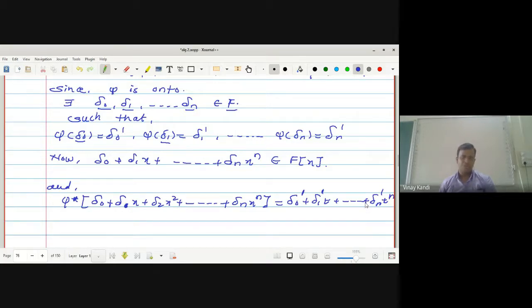For any element from the codomain, that is in the range set, we have the pre-image in the domain. This one is the pre-image of this element. So this implies psi star is onto.